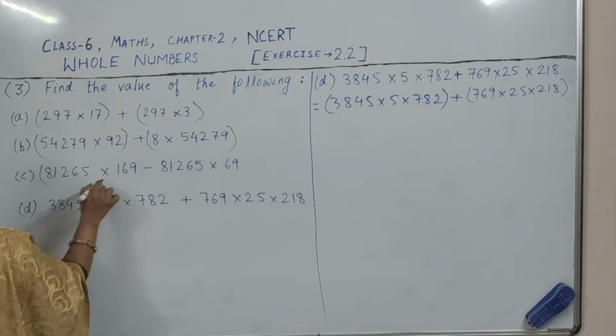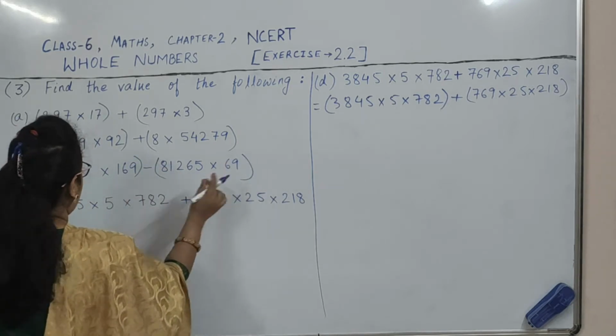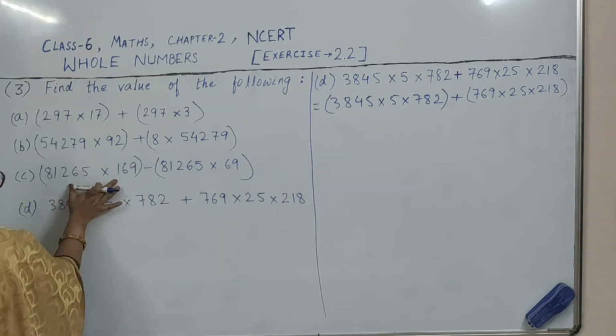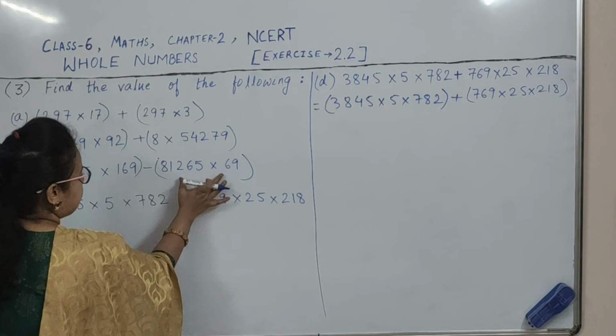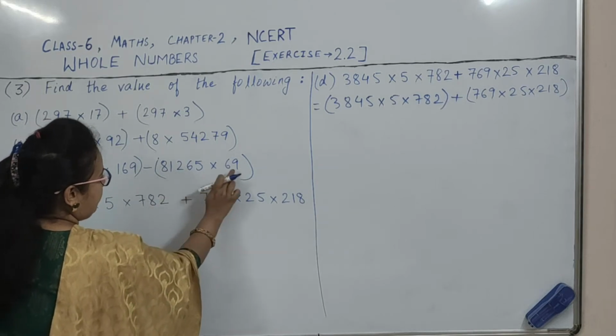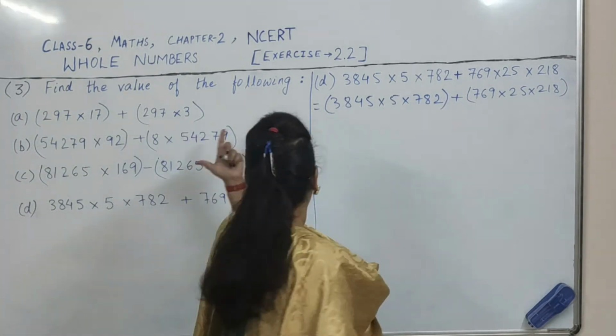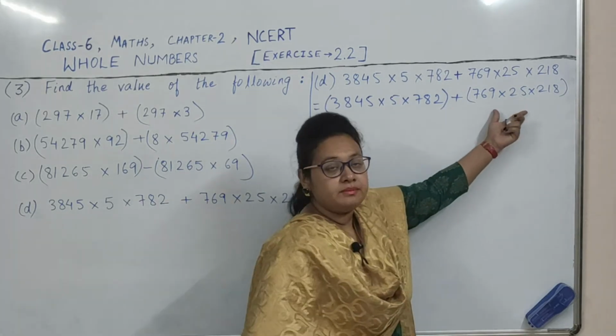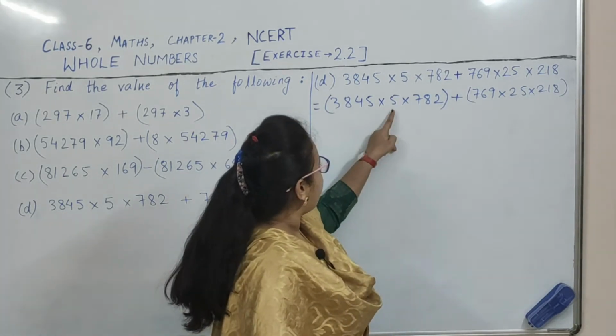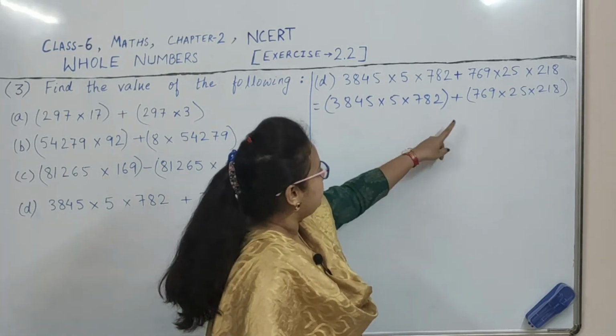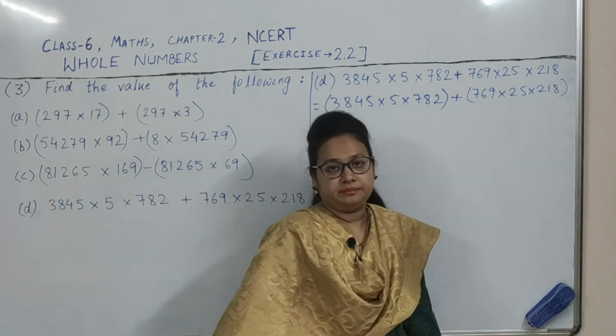The third question also has two terms. The first term has two numbers and the second term has one number and two numbers. But in this question we have two terms like the others, but each term has three numbers: 1, 2, 3, 1, 2 and 3.